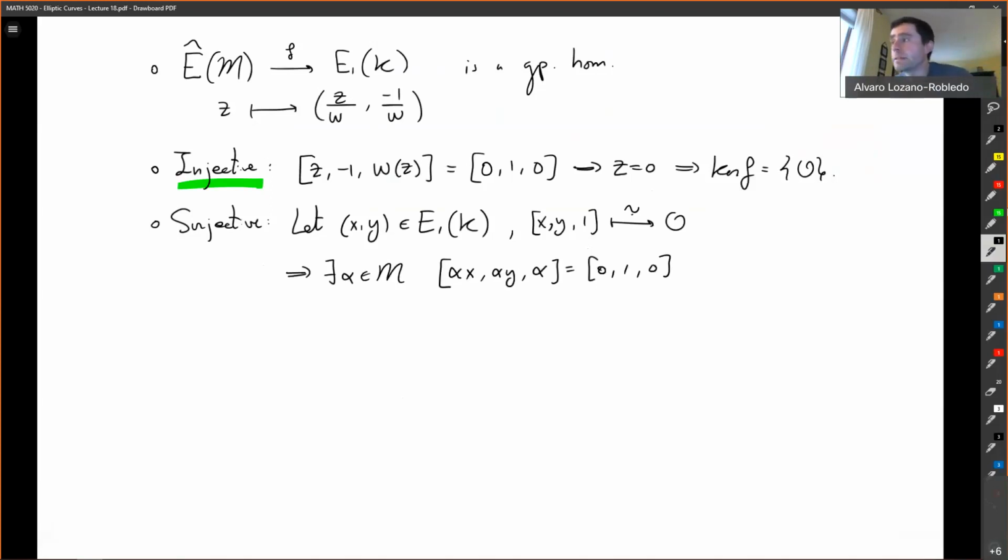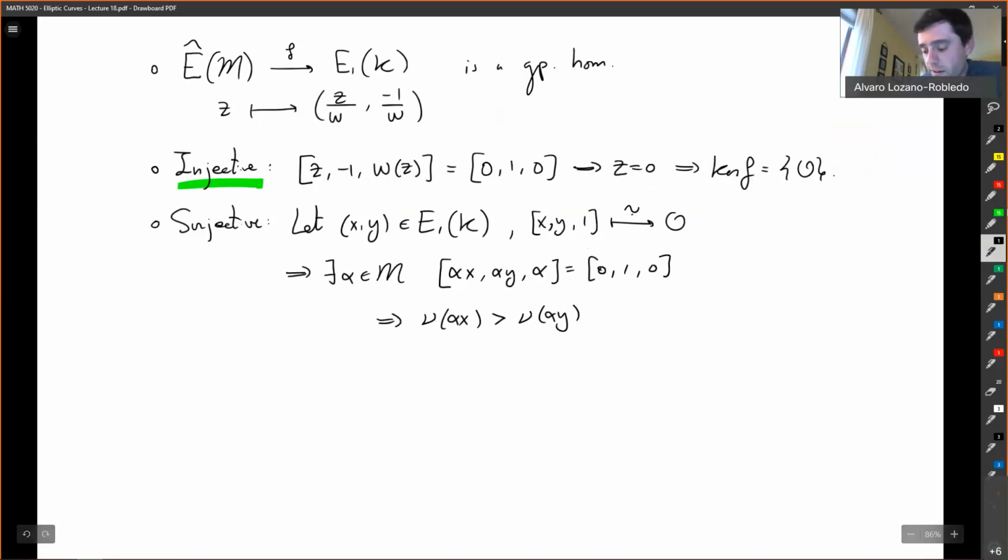Okay. But you see that then the valuation of alpha x necessarily has to be bigger than the valuation of alpha y. The valuation of alpha y is 0. So the valuation of alpha x has to be bigger than the valuation of alpha y.